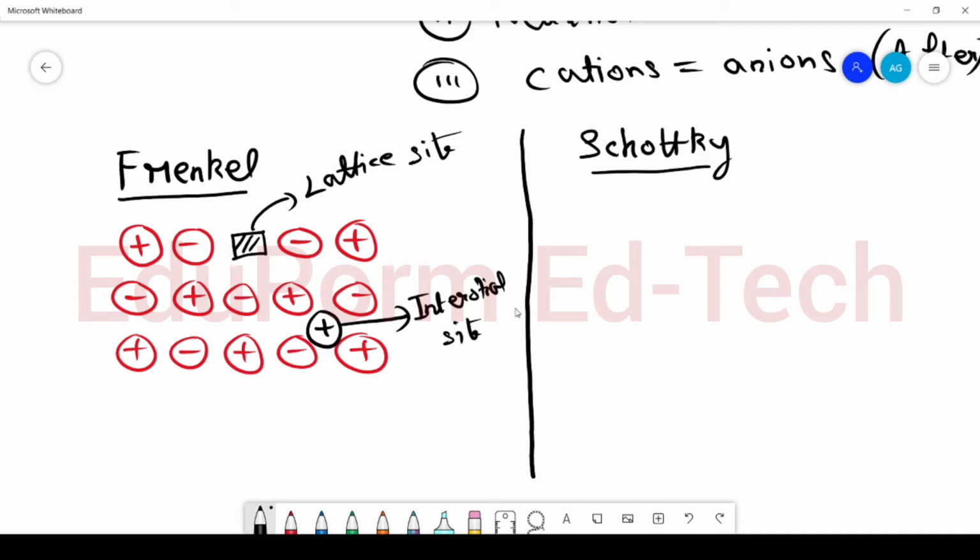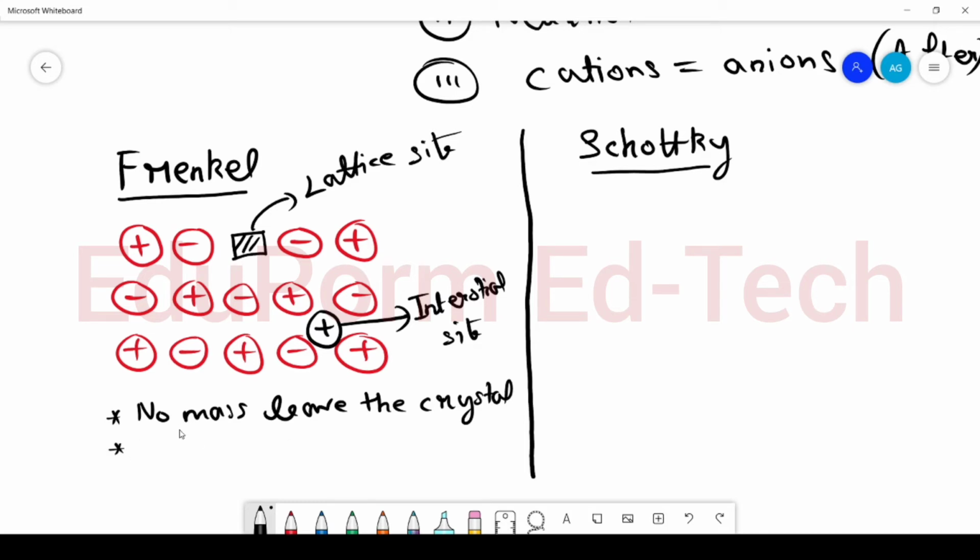So in such a type of defect, we can see that no mass leaves the crystal. That means the mass remains unchanged.